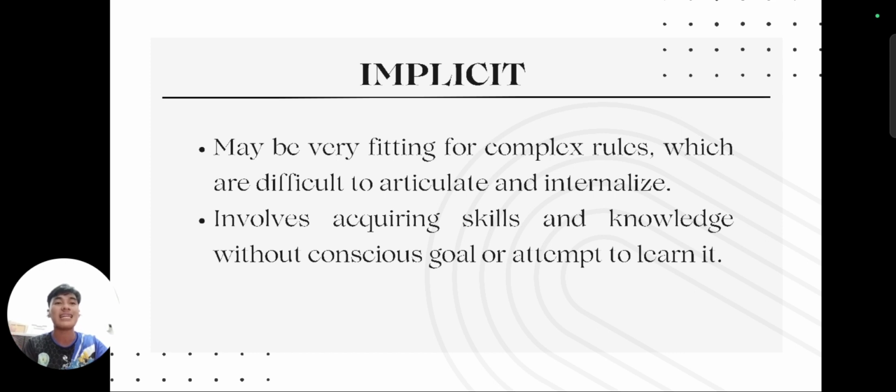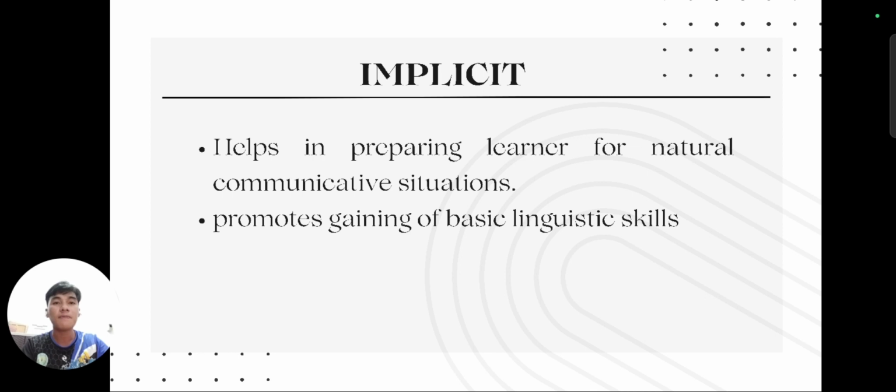It is indirect in its approach. It involves acquiring skills and knowledge without a conscious goal or attempt to learn. It helps prepare learners for natural communicative situations, those casual ways of communicating where we tend to talk indirectly. Moreover, it promotes gaining basic linguistic skills.